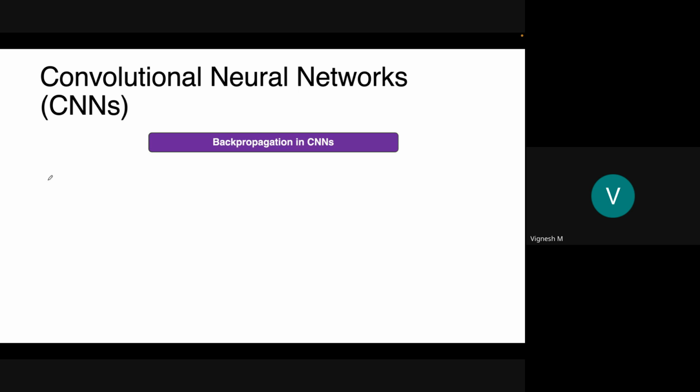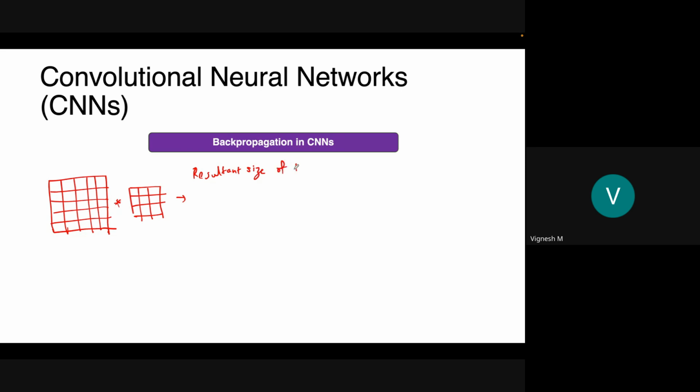So let's say that you have an image of, say, 5 cross 5, and a 3 cross 3 kernel, and you're convolving this, and you want the resultant size of the feature map.